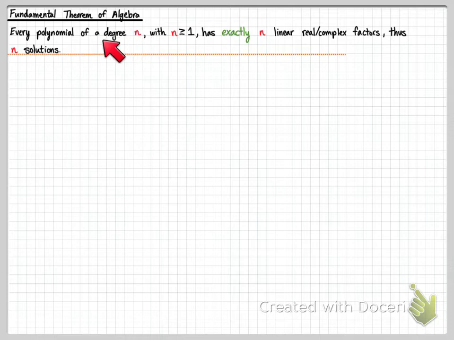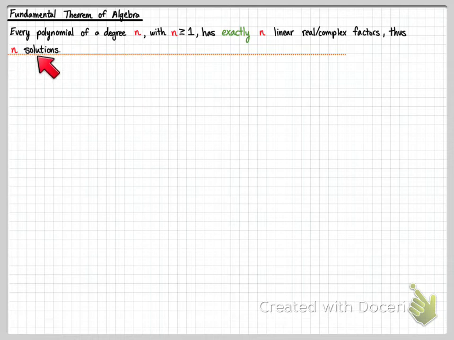So what this means is, whatever your highest degree is, that's the degree of the whole polynomial, right? So if we have x cubed, for example, and that's our greatest degree, we're going to have 3 solutions. If we have x to the 4th as our greatest degree in the polynomial, we're going to have 4 solutions.